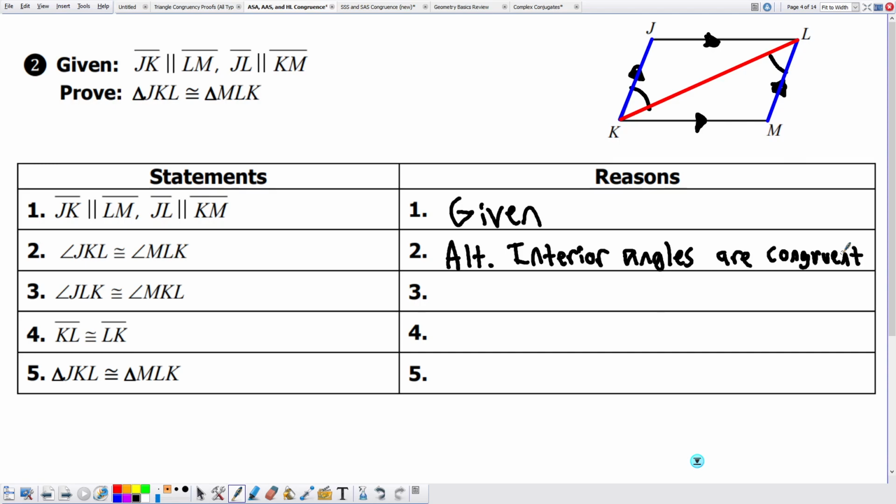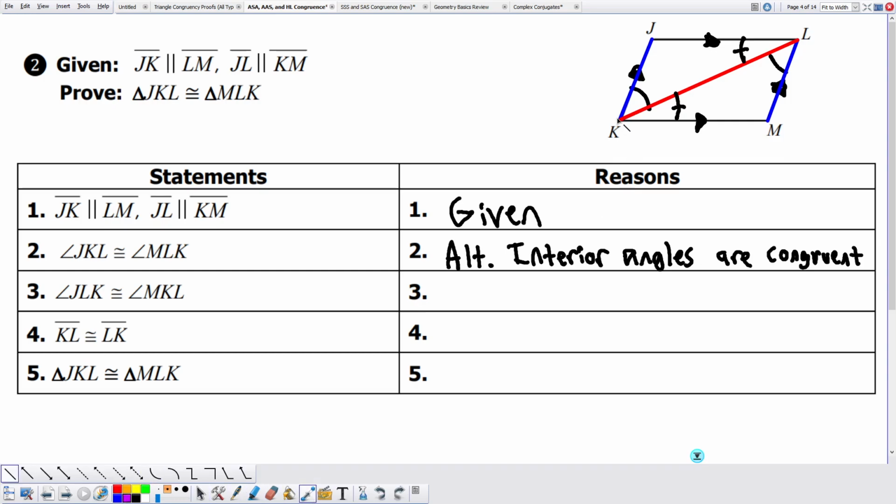Now, we have angle JLK, this one right here, that it's saying is congruent to MKL, this angle right here. Well, again, let's note that these angles are on the parallel lines KM and JL.